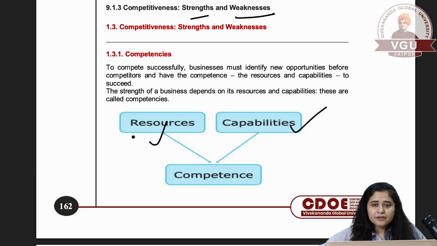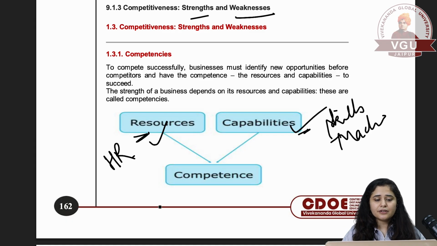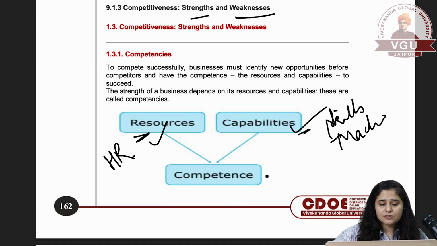If we have better resources and better capabilities, that means skills, or machinery, or humans who are more skilled, or a better climatic arrangement, or better land available for certain things. So the strengths of a business depend on how much better resources and capabilities you have, and these are called competencies. So competence is better resources and capabilities existing in the market.